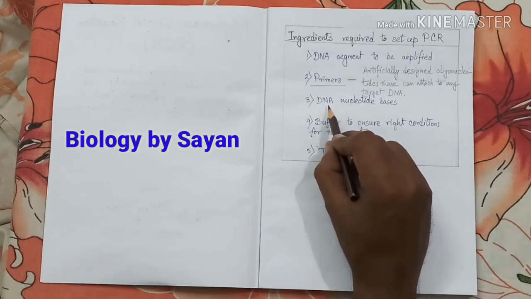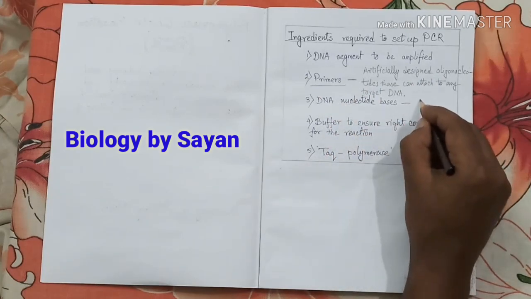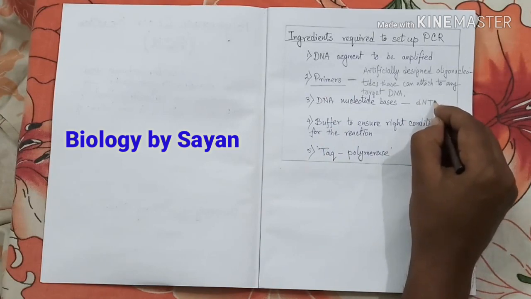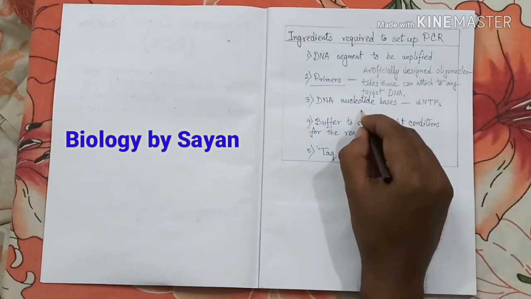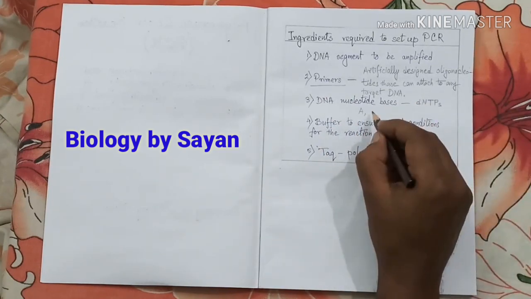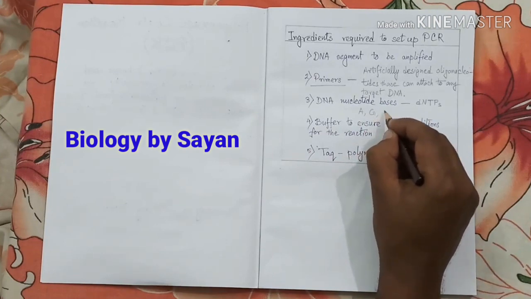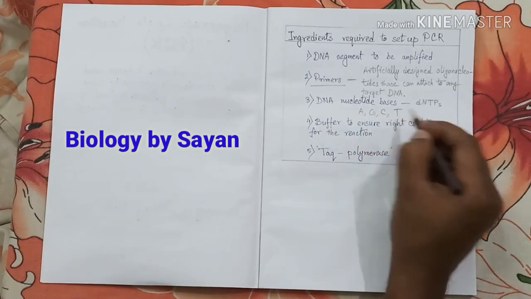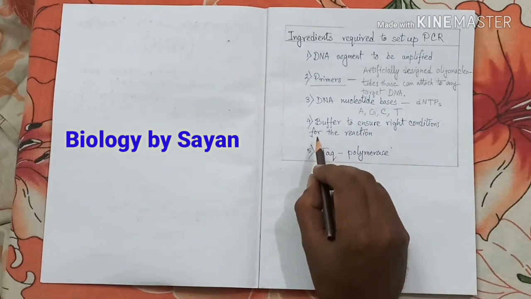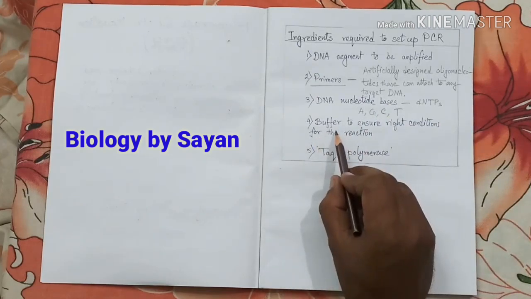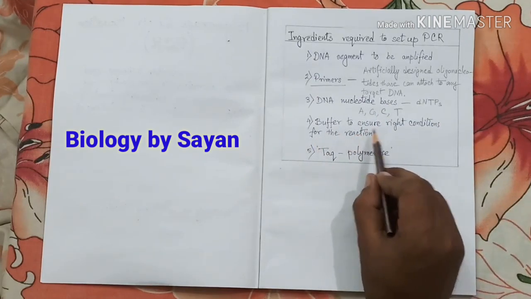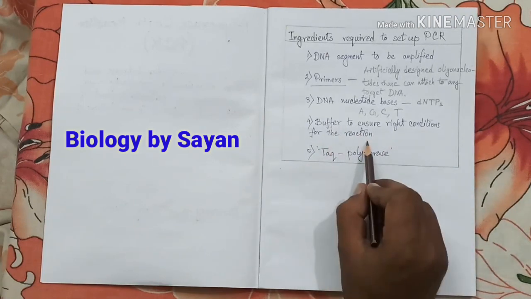Then we have to take DNA nucleotide bases, simply known as dNTPs. For this purpose, we have to take adenine, guanine, cytosine, thymine bases. Now next, we have to take buffer. Buffer is required to ensure the right condition for the reaction.